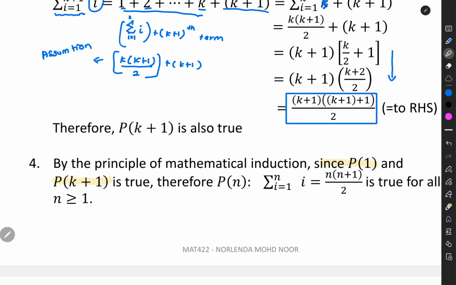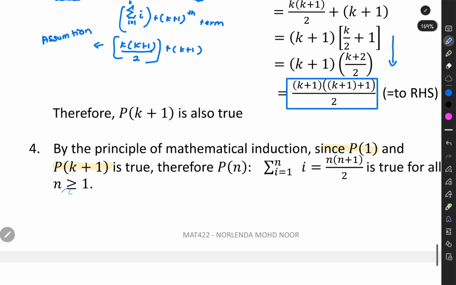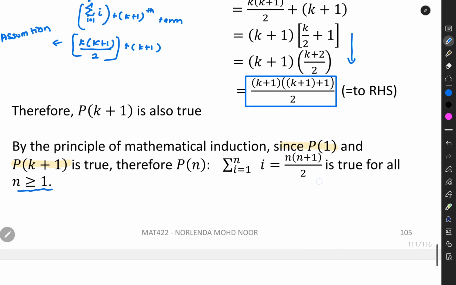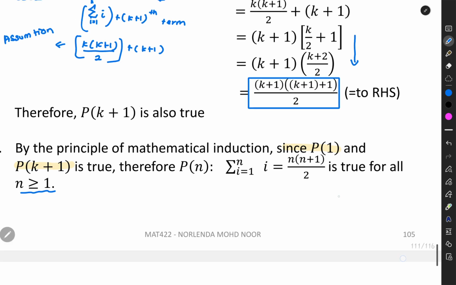Students selalu lupa this one. So itu 4 step. Yes. So the 4th step tu termasuk the conclusion sebenarnya.